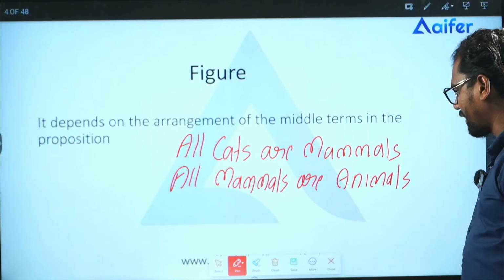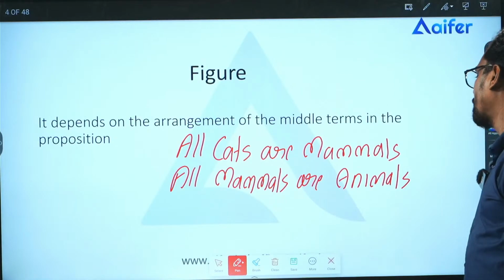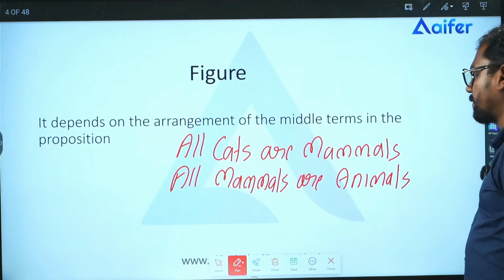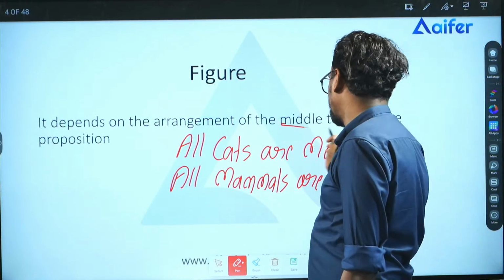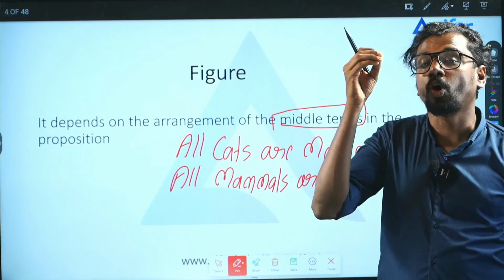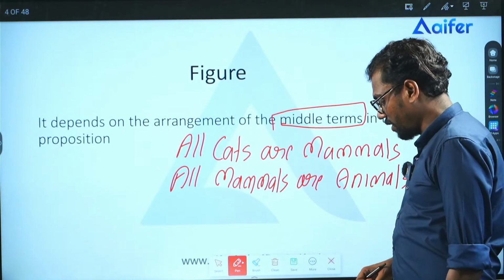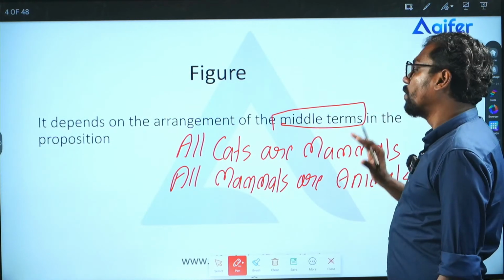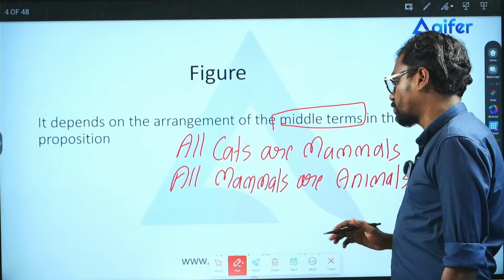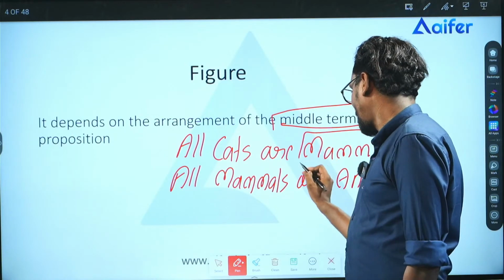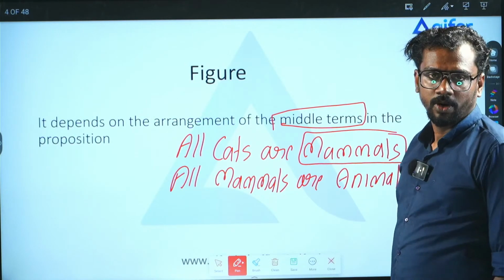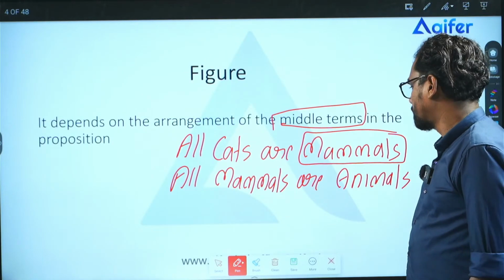So what is a middle term? Middle term is a common term which is present in both premise 1 and premise 2. So in premise 1, we have the middle term as mammals.